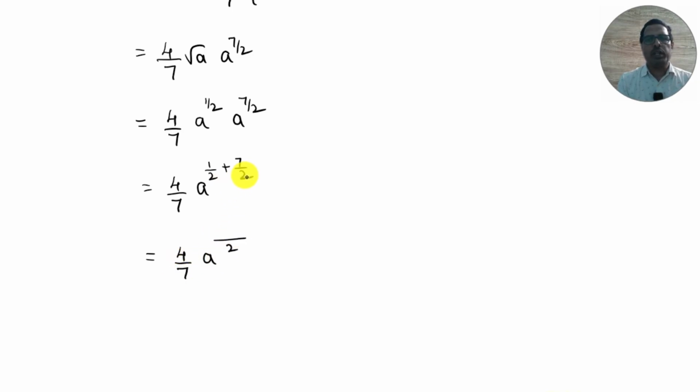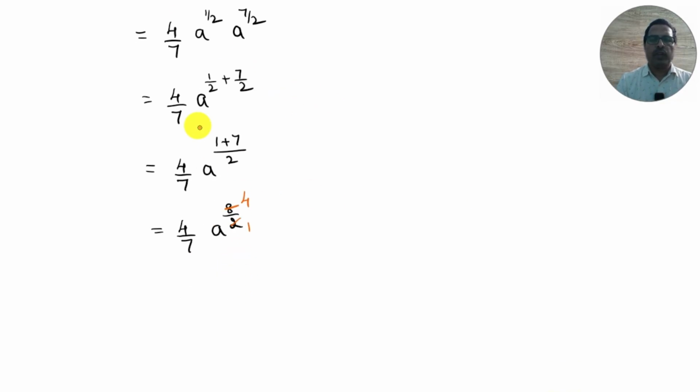When you have common LCM, you can just add the numerators, 1 plus 7. That is nothing but 4 by 7 a power of 7 plus 1 will be 8, so 8 by 2. Or you can just cancel out this one: 2 1s are 2, 2 4s are 8. Therefore, you are left with 4 by 7 into a power of 4. That will be the required solution.